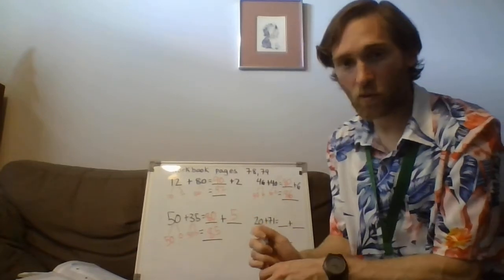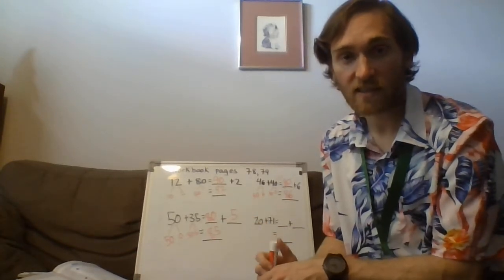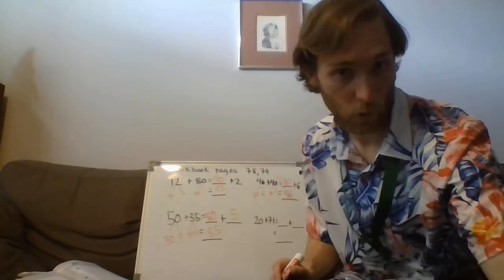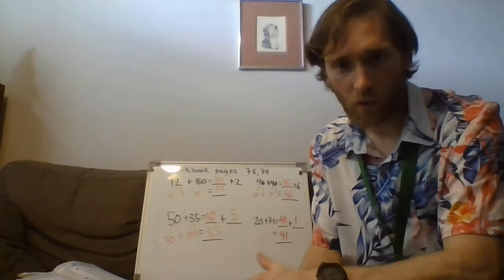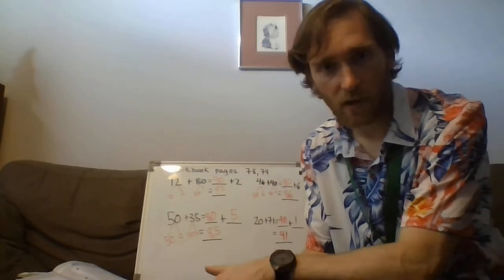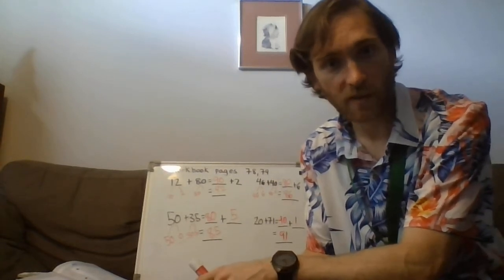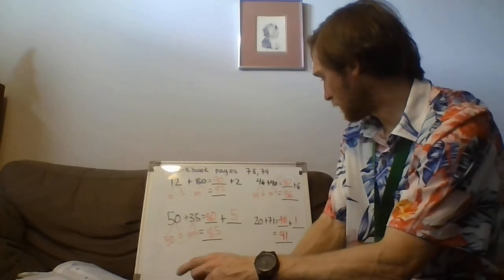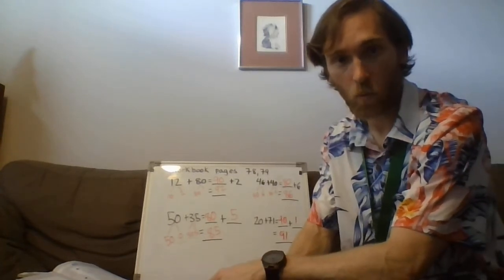The next one I'm going to want you to do on your own. If you've already done it, double check it. 20 plus 71. You may begin, pause. I kind of solved it while you guys were doing yours as well. Here I go, 20 plus 71 is 90 plus 1.